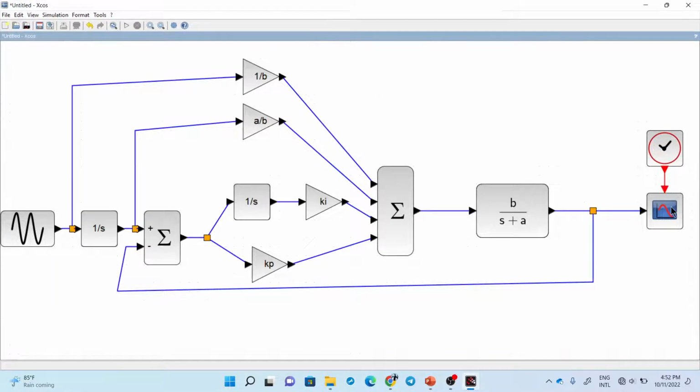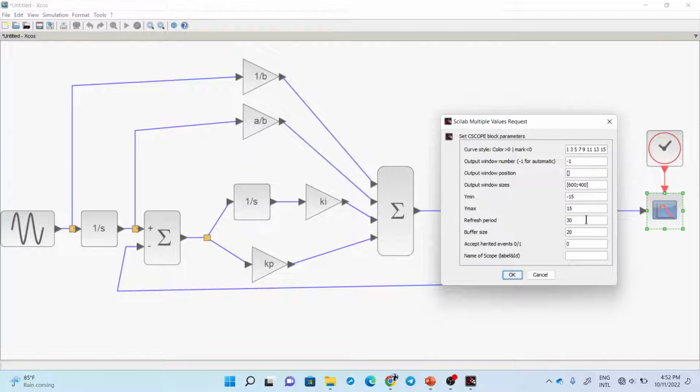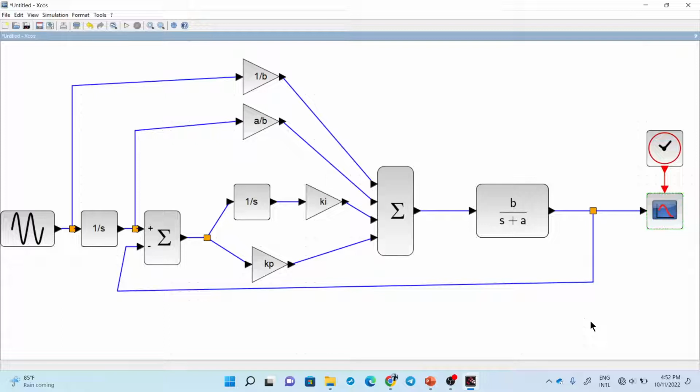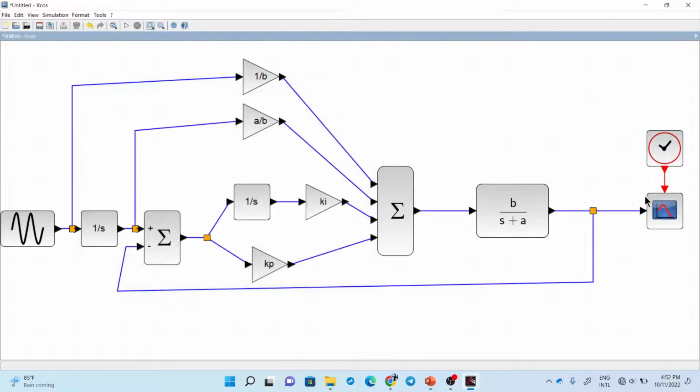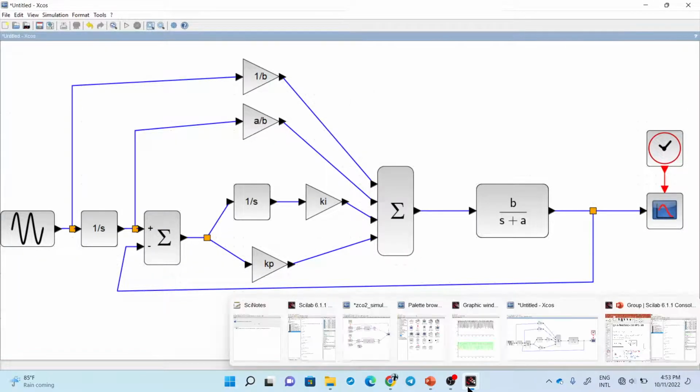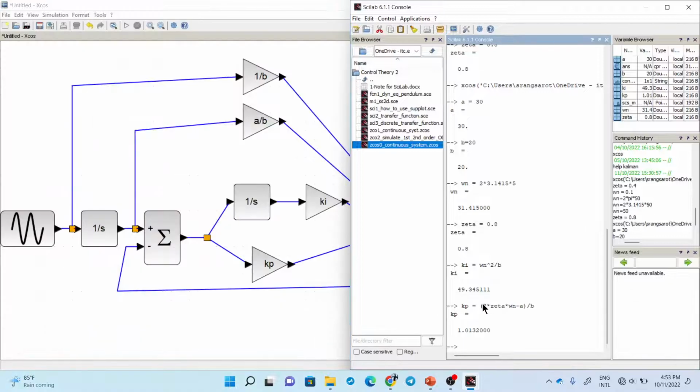And then I change the scope a little bit. Oh, this one is 50 seconds. The value 30, 20. Yes. You need to compute it from this formulation.